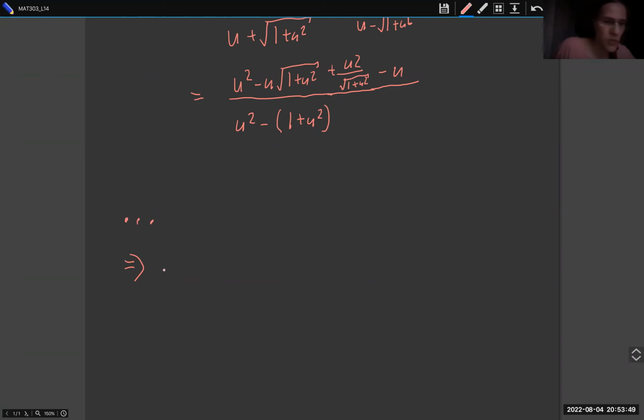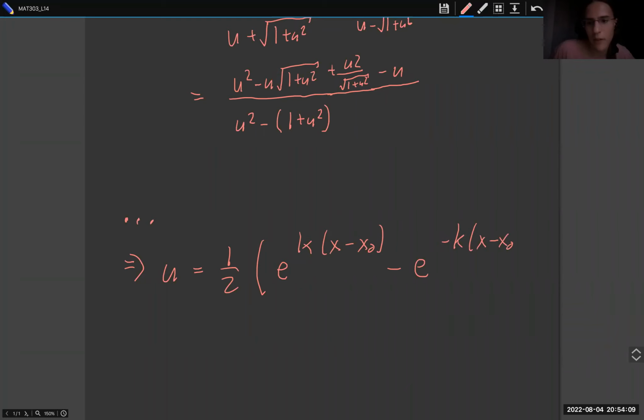That u is equal to 1/2 e to the k(x minus x naught) minus e to the negative k(x minus x naught).